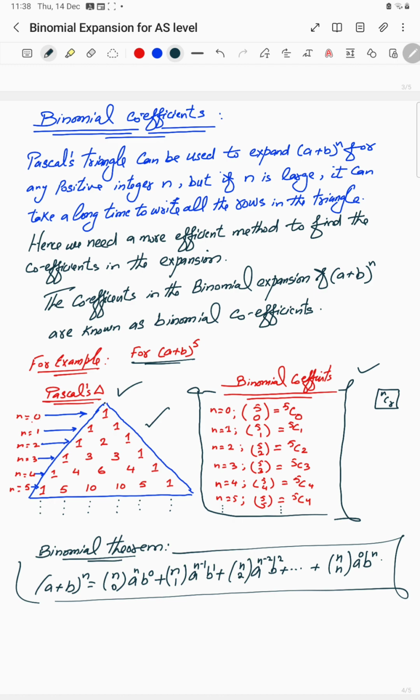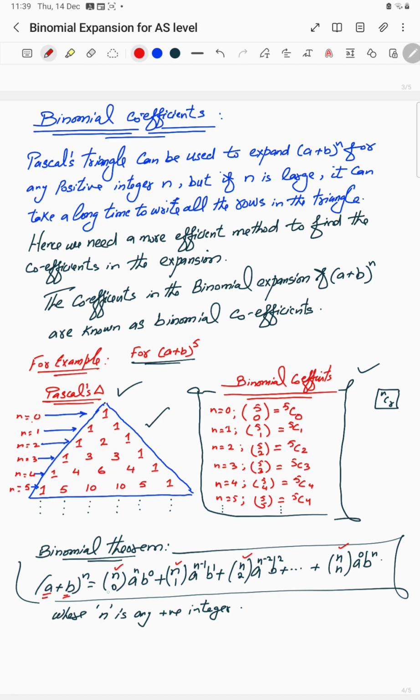That means this one. So finally, we get the binomial theorem for the expansion of a plus b power n, where n is any positive integer, no matter how small or large. Then a plus b power n will have the coefficients nc0, nc1, nc2, and so on, until finally ncn. Here a is the first term and b is the second term.